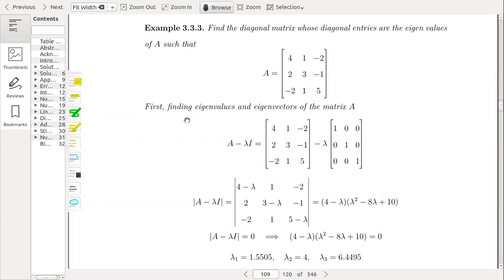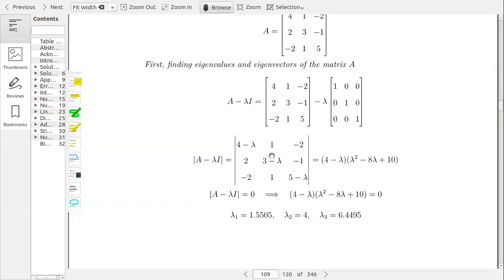First we find the eigenvalues and eigenvectors of the matrix A. So we construct the matrix A minus lambda I, which is [4 minus lambda, 1, minus 2; 2, 3 minus lambda, minus 1; minus 2, 1, 5 minus lambda].